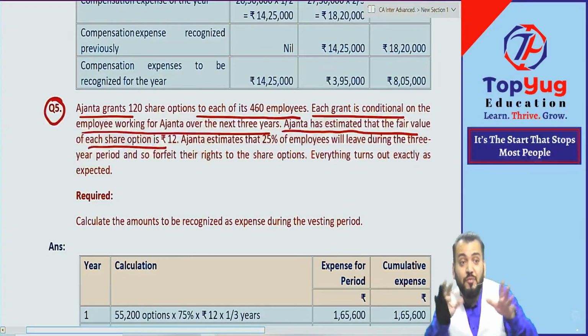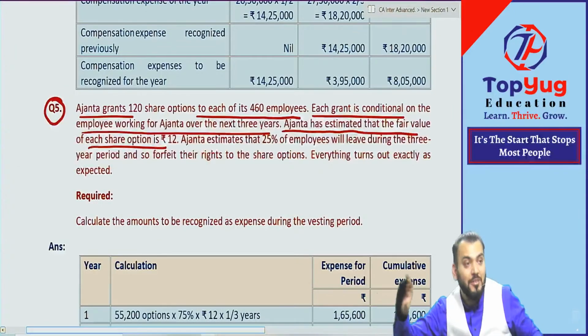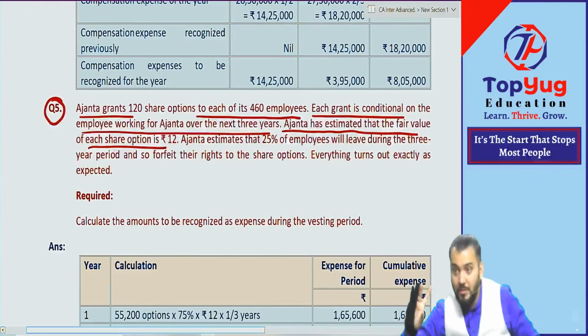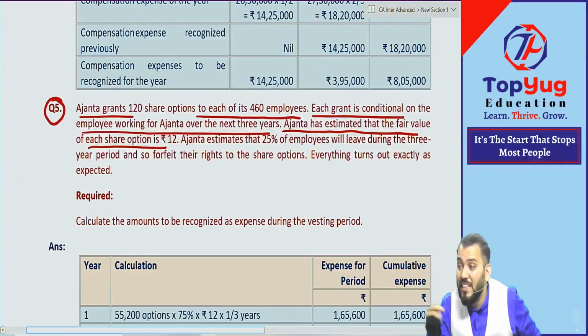Fair value of options and fair value of shares are two different values. So be careful. Sometimes in exam questions they may give fair value of shares also. But in this chapter for calculating expense we want fair value of option. If suppose it is fair value of shares, then be careful.